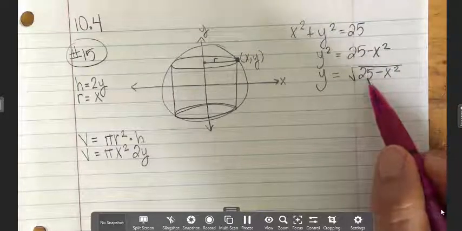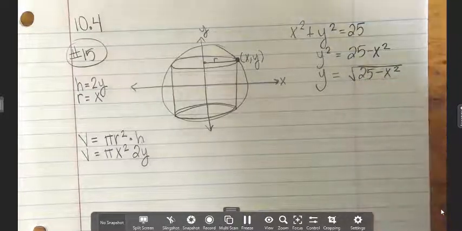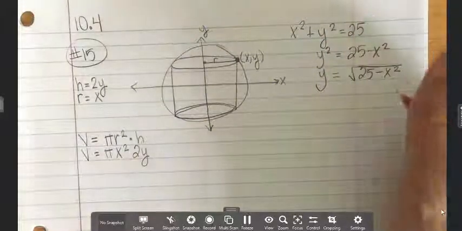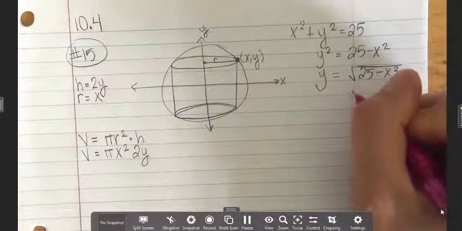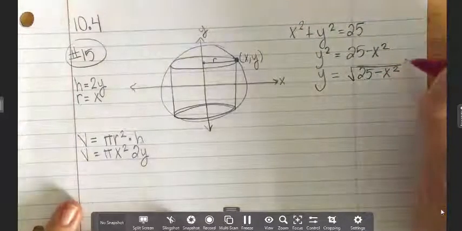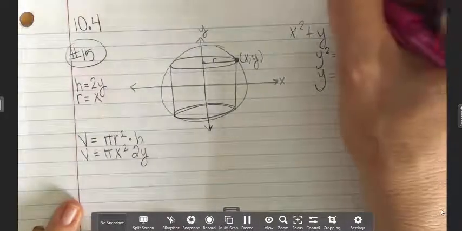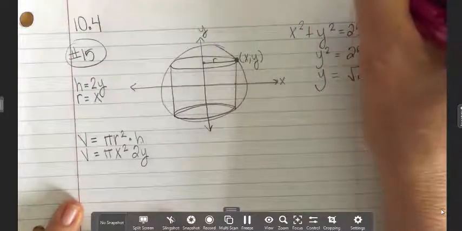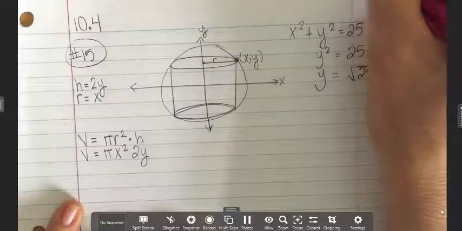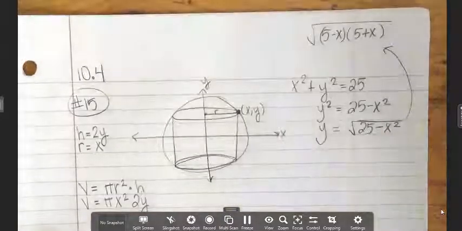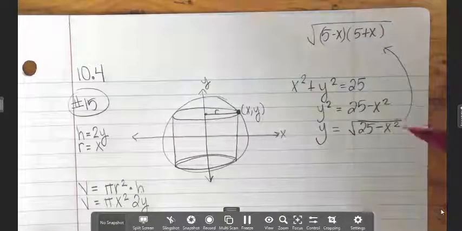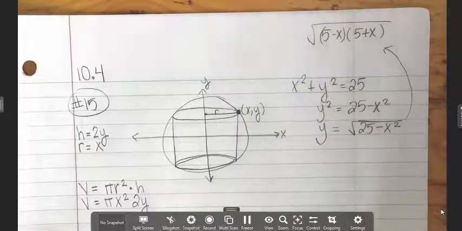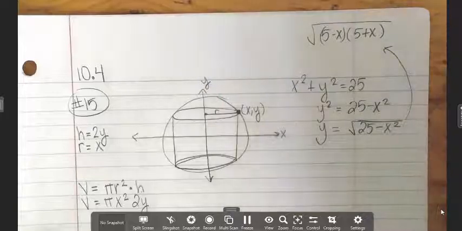You can't take the square root of this and get 5 minus x. Here's just a little side lesson. If I factor this out, that's really the square root of 5 minus x times 5 plus x. There's no perfect square in there, right? Does that make sense? Hopefully, because I've seen a lot of mistakes here.